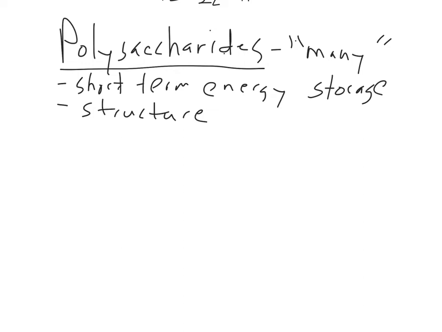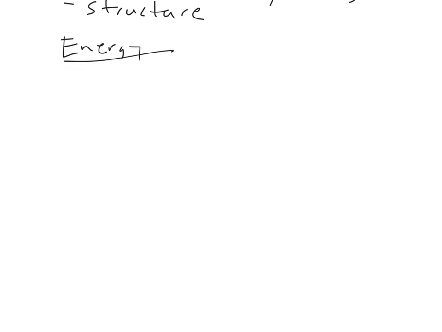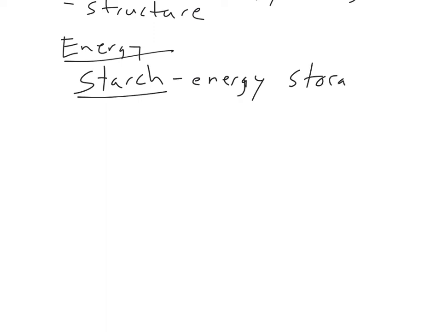All right, so let's talk about the energy ones first. In a plant, when a plant makes more sugar than it needs, it's going to store it in a molecule called starch. So this is energy storage in plants.